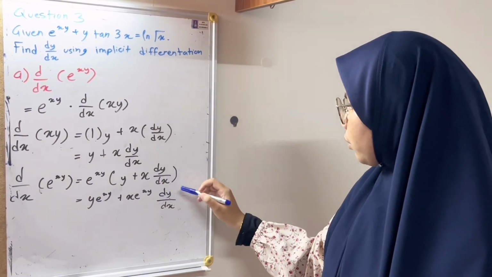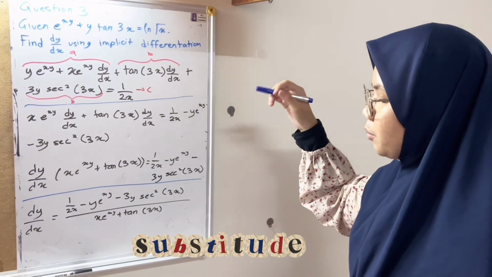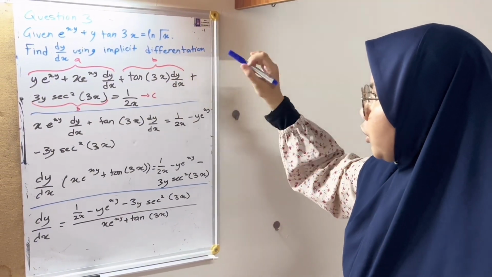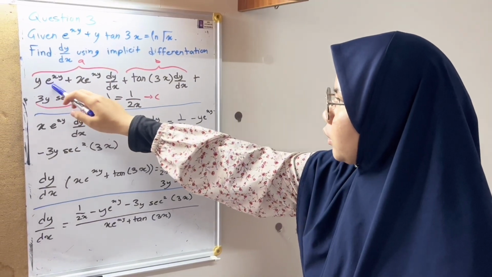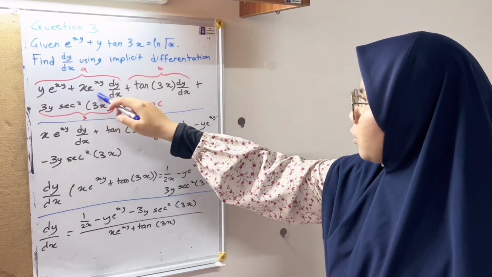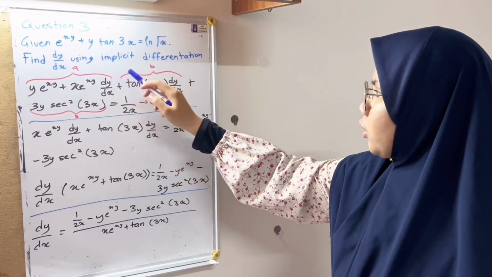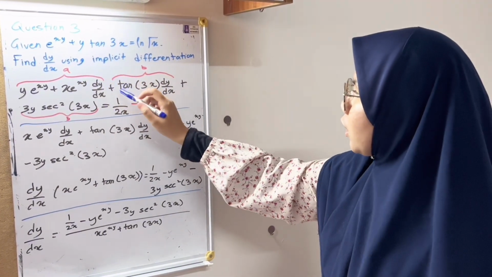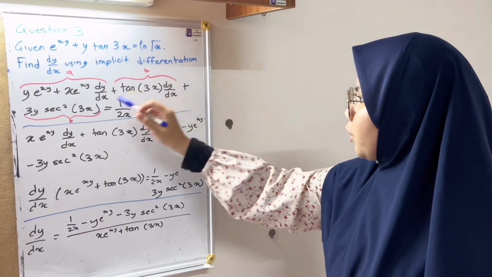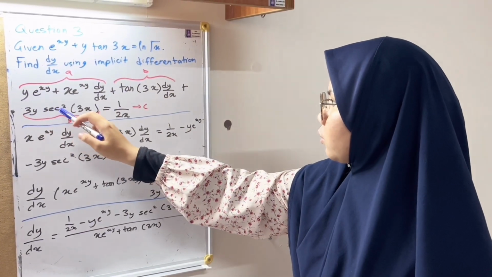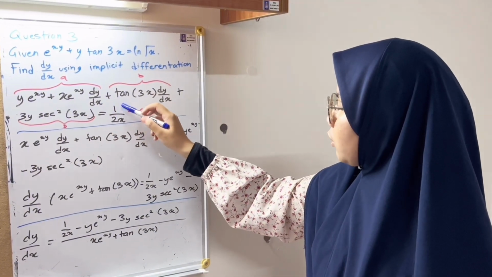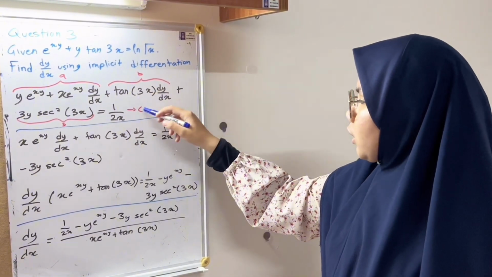So d over dx e to the power of xy equals e to the power xy times y plus x dy dx, equals y e to the power xy plus x e to the power xy dy dx. Then we substitute the derivative back into the main equation: y e to the power xy plus x e to the power xy dy over dx as a, plus tan 3x dy over dx plus 3y sec square 3x as b, and 1 over 2x as c.